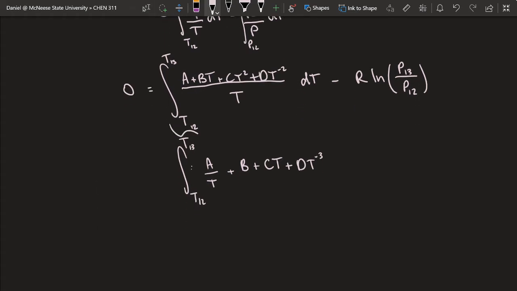Okay, so I'm just going to do this part and then I'll add this part later. So taking the integral, if I can remember how to do that.